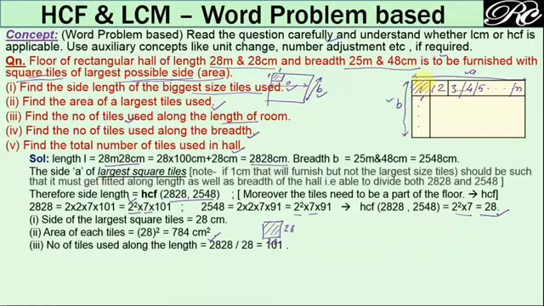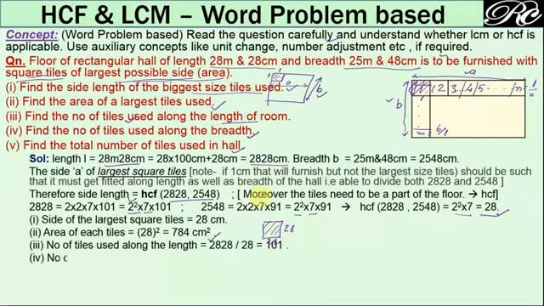Here the length we have calculated is our L and this is A. So the number of tiles required along this length, and similarly the number of tiles required along the width: the side length of one tile is L. So if M tiles are required, then this will be given by B by L.